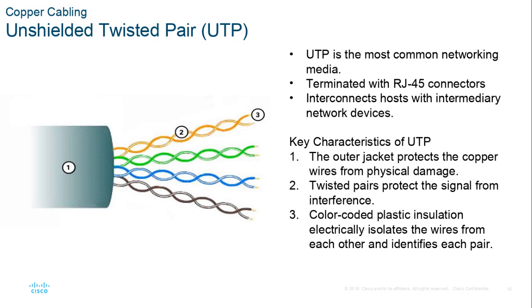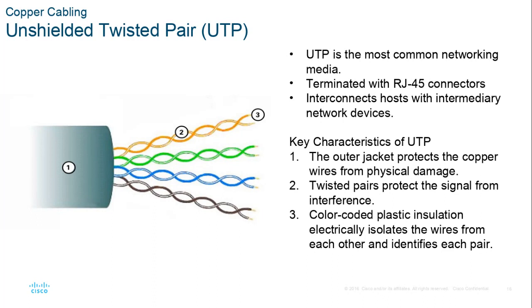However, in a commercial or business building, most fire codes require you not to use PVC, because when PVC burns it emits poisonous gases, and those gases get sucked into the air conditioning system and poison everybody occupying the building. So most of these areas require what's called plenum rated cable, which is a type of covering that will not emit poisonous gases when it burns. It triples the cost of the cable, but we have to use it in a commercial building.